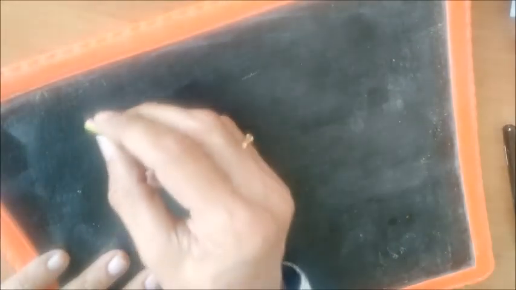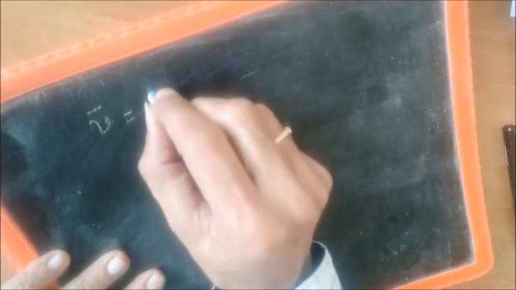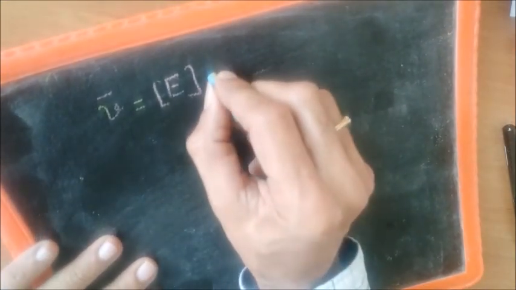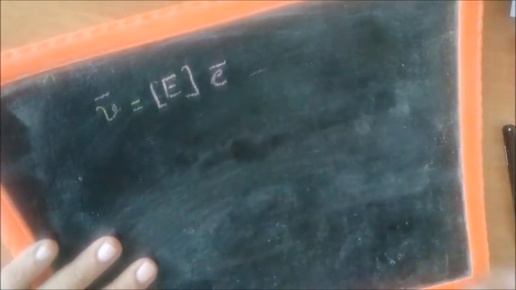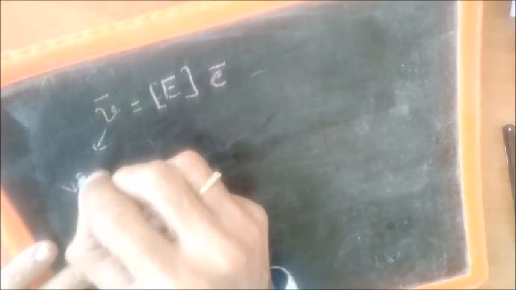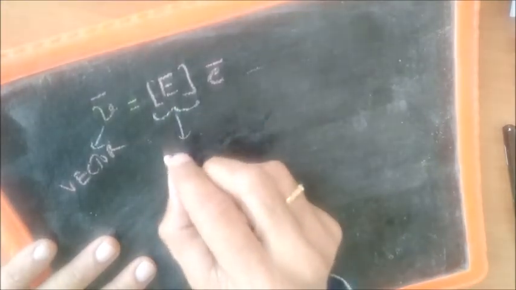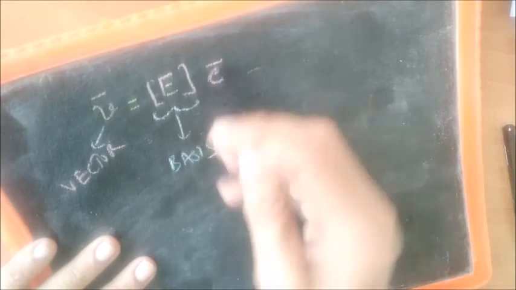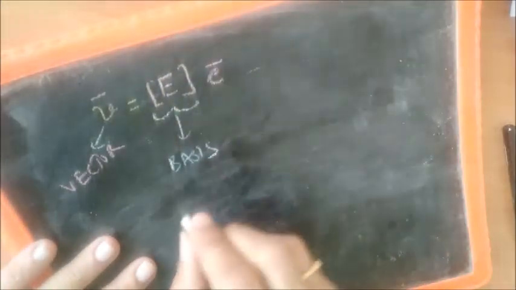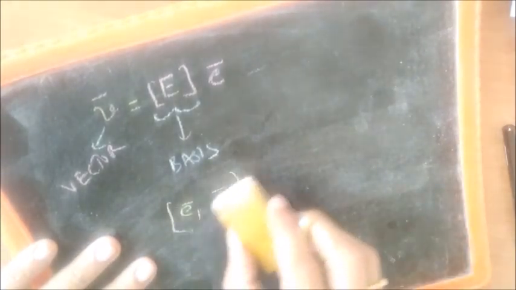Let's say vector v is E into, say, vector C. This matrix has the basis vectors stacked in it, just as we had E1, E2 in the previous example.